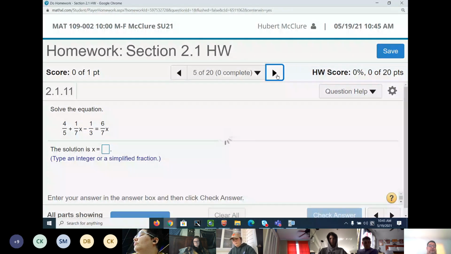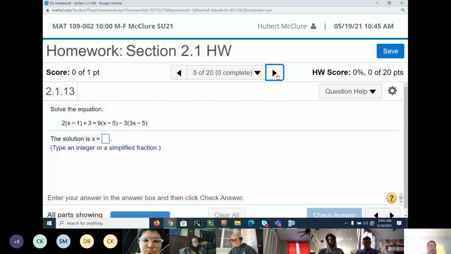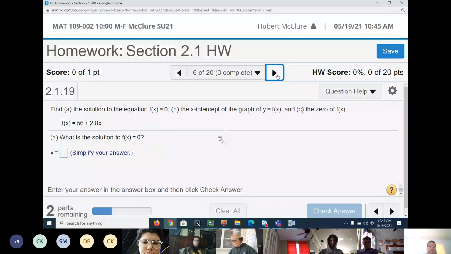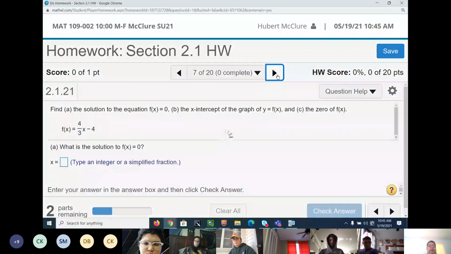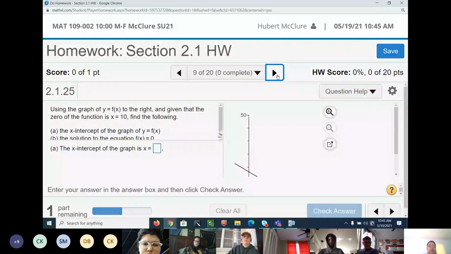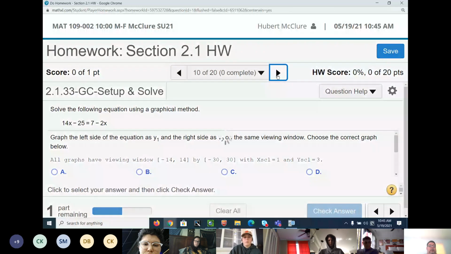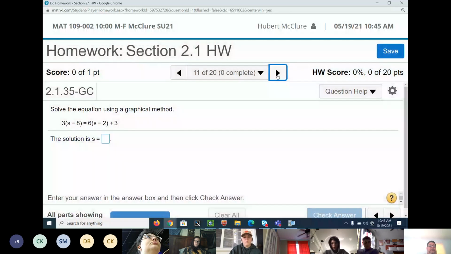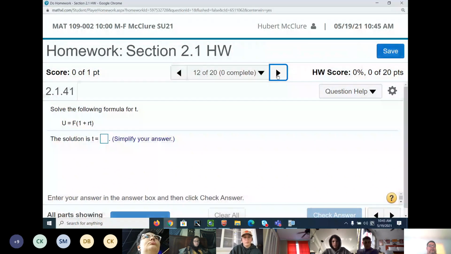Ooh, there's a good test question. These are all good test questions that I see. Probably be toward the end of the, there's formulas.